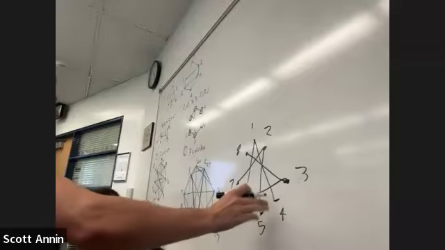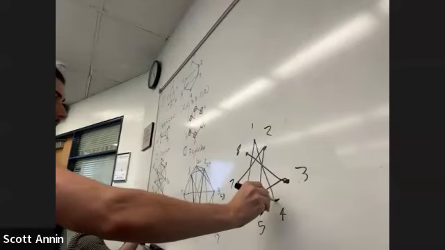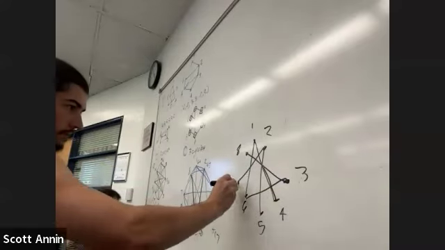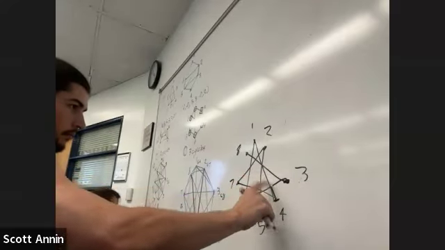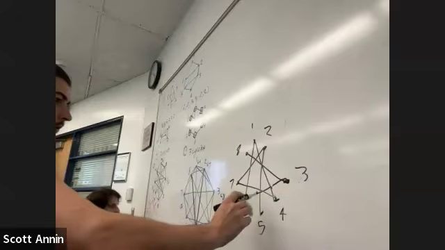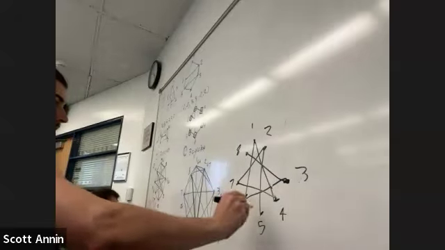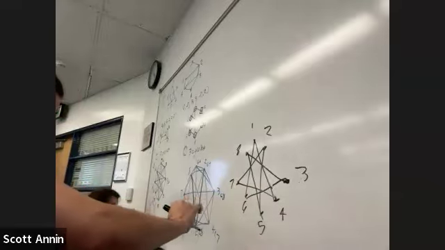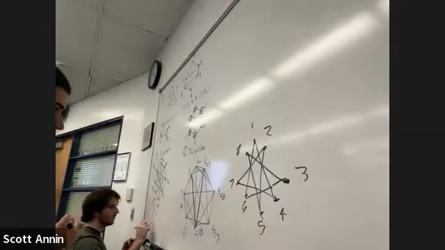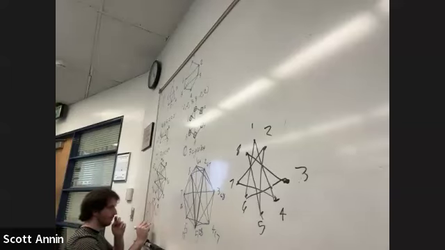So B is not connected to B. G is not connected to B. Oh, okay, so that's what we're looking for. This is not isomorphic. Oh, it's a square? Oh, that's fair.